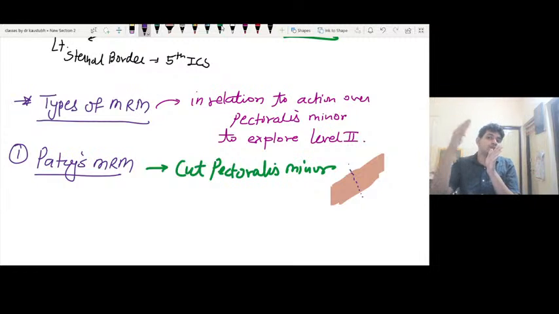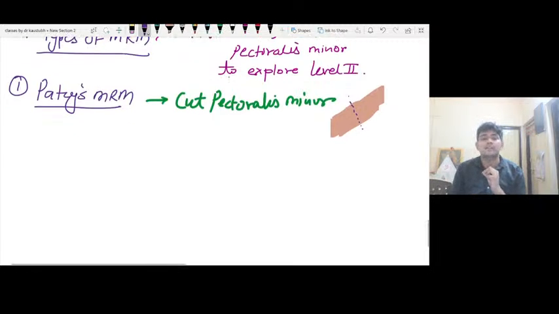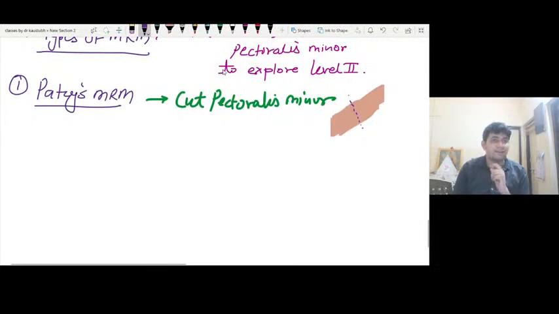You will get two flaps, the medio-inferior flap and the superolateral flap. You will retract those flaps after cutting the muscle perpendicular to the fibers. Then you will see the level 2, that is the central group. Remove them and suture back the muscles. So you can definitely understand, since I am cutting through the muscles, the prognosis is going to be relatively poor, right? That's why Pate's MRM is not practiced now, and this was the first MRM which was shown.